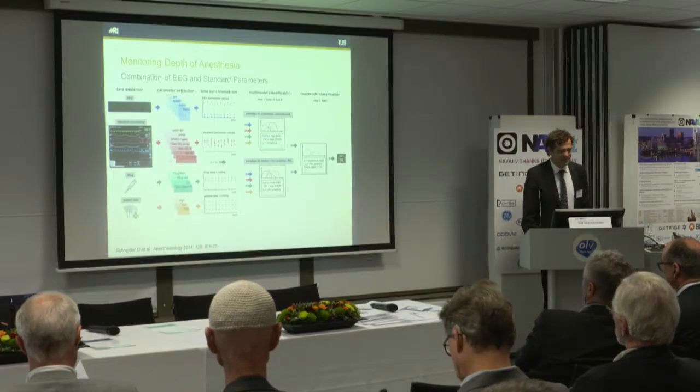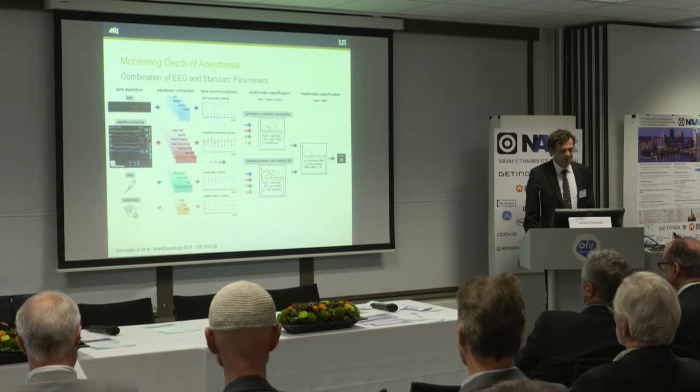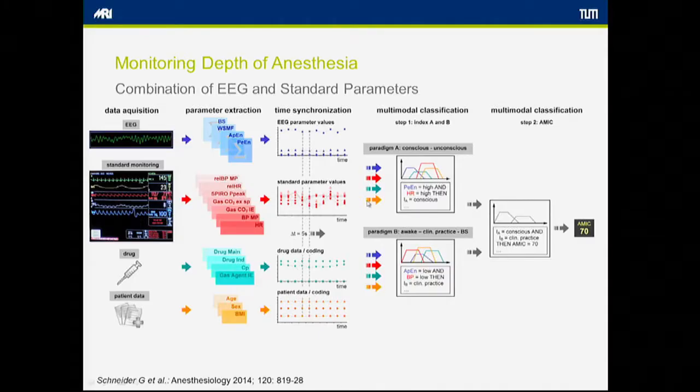And using this set of data, we combine them, synchronize them time-wise, and build 2 classifiers, one for the separation of consciousness and unconsciousness, and one over the whole range of anesthesia.